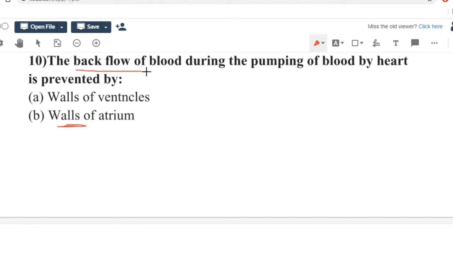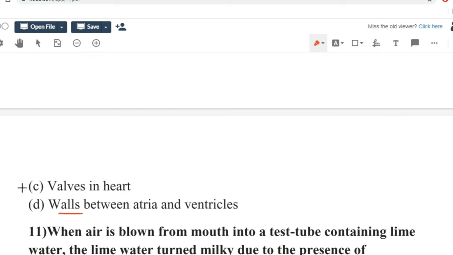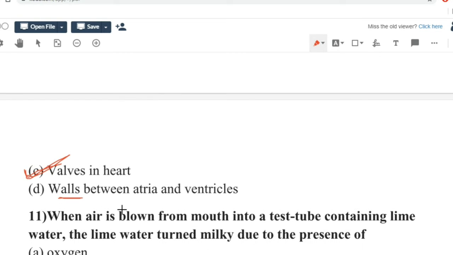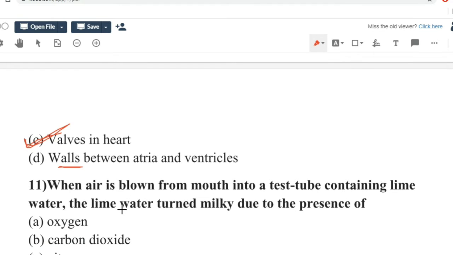But here they have asked about the backflow of blood. Okay, backflow of blood during pumping of the blood by the heart is prevented by the valves in the heart. The valves which are present in the heart prevent the backflow of the blood.